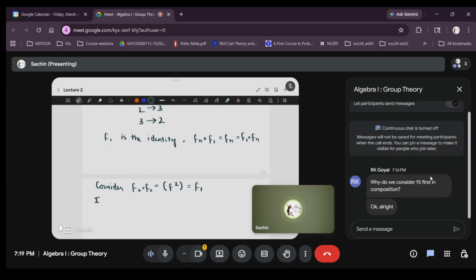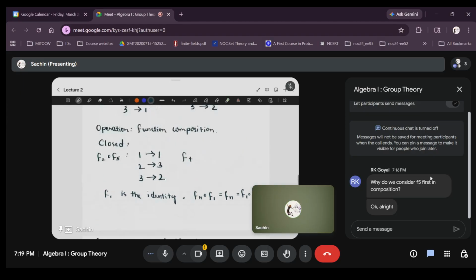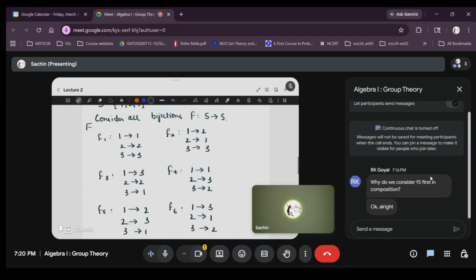So the inverse of F2 is F2 itself. Similarly, for any function that swaps only two of the elements, the inverse is just swapping the two elements back again. So F2 is the inverse of F2, F3 is the inverse of F3, and F4 is the inverse of F4.